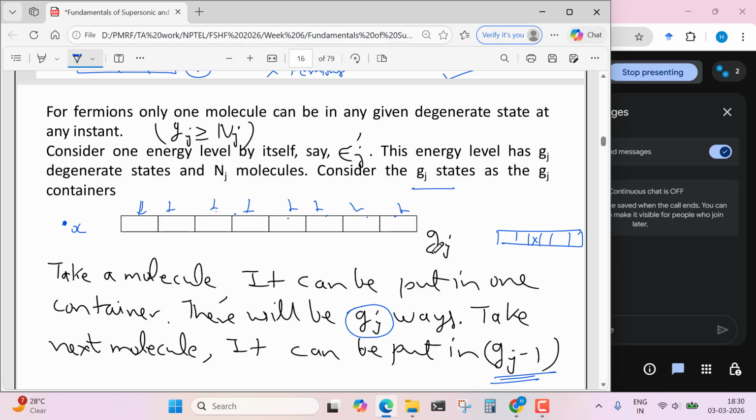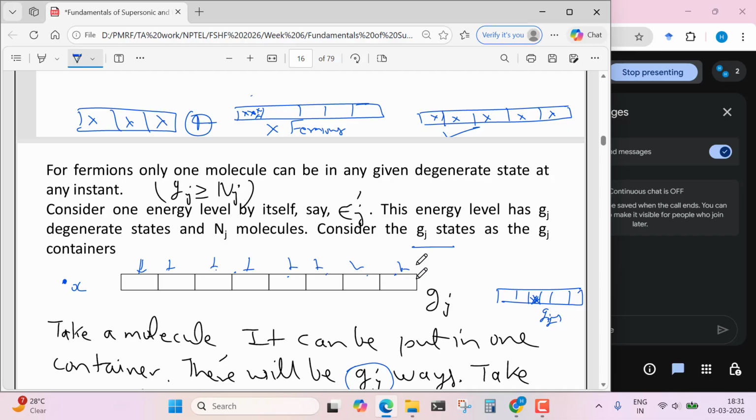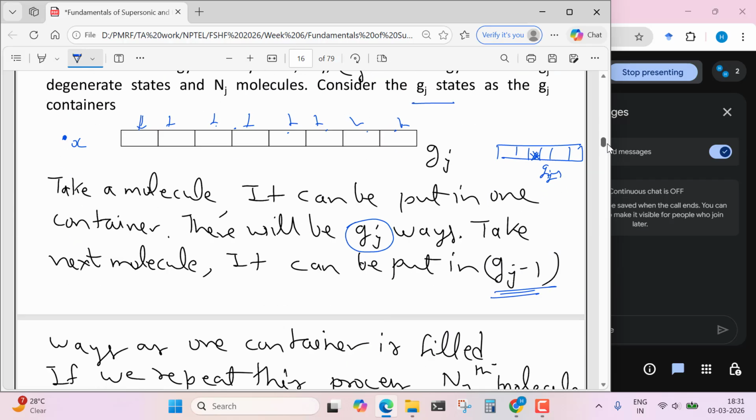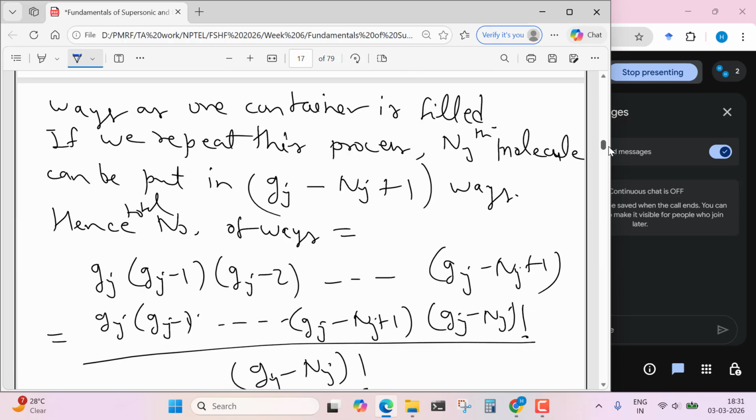Now, if we take the next molecule, so if we put one molecule in this way, and now we want to put another molecule, how many empty boxes are there? Gj minus 1. So in Gj minus 1 ways we can put the second molecule. Similarly, if we repeat this process, the Njth molecule can be put in Gj minus Nj plus 1 ways.